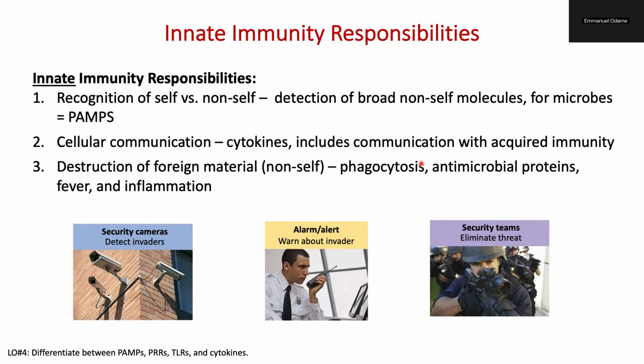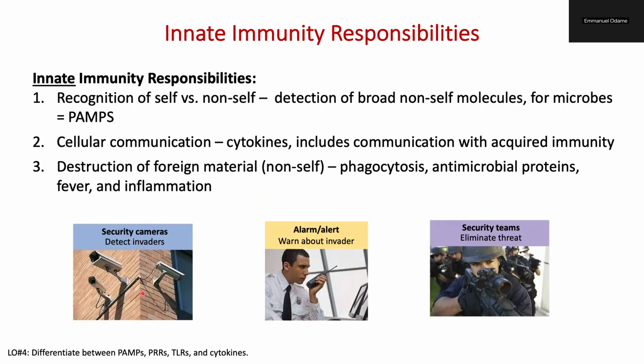These microbial organisms are classified as PAMPs, and I'll talk much more about what PAMPs are. Your innate immune system recognizes these, and then serves as cellular communication by secreting cytokines, which will attract or communicate with your immune system. And lastly, it results in the destruction of the foreign material, the non-self that it has first identified, through either phagocytosis, antimicrobial proteins, fever, or inflammation.